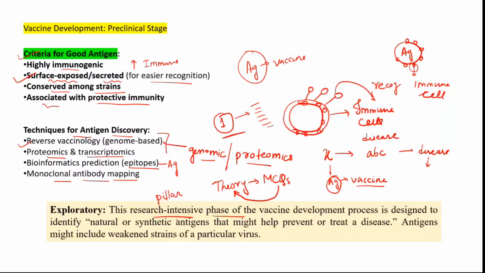It is a very time taking and research driven process, designed to identify natural or synthetic antigens that might help prevent or treat a disease. So firstly we plan that we have some antigen which may be natural or synthetic, and it can be developed as a vaccine. This thought has to come into the mind of a researcher.